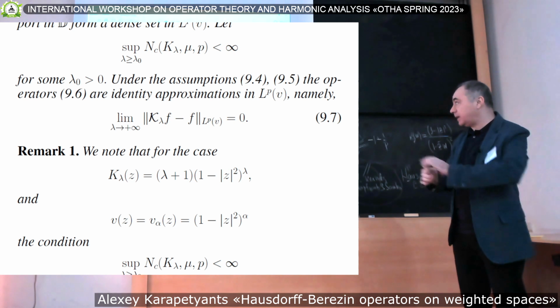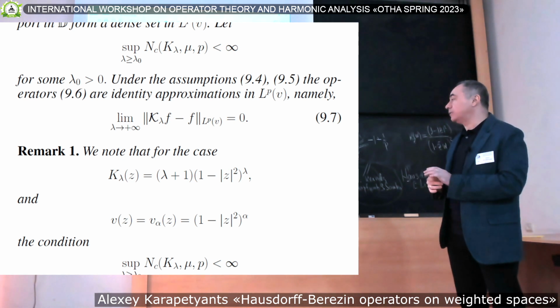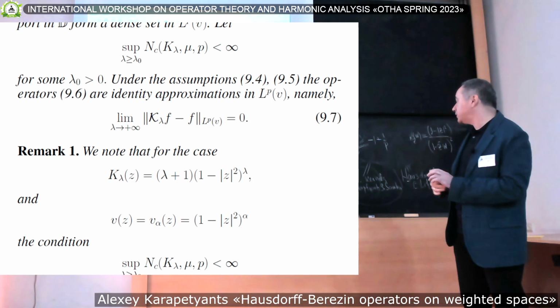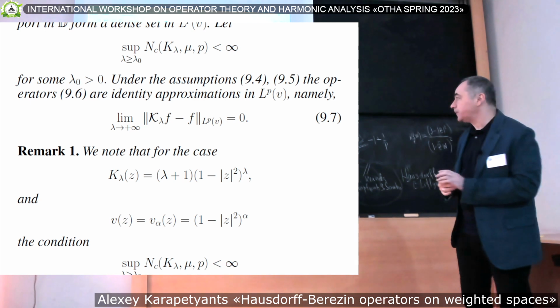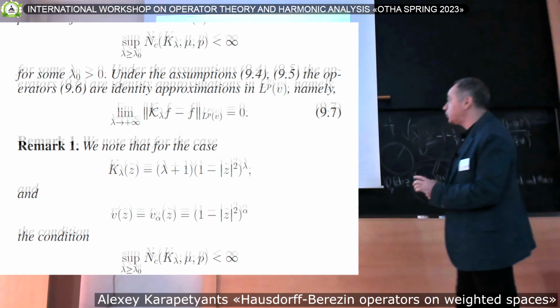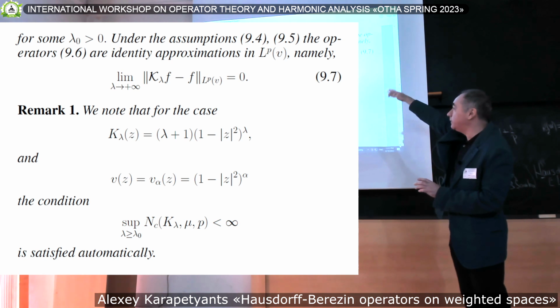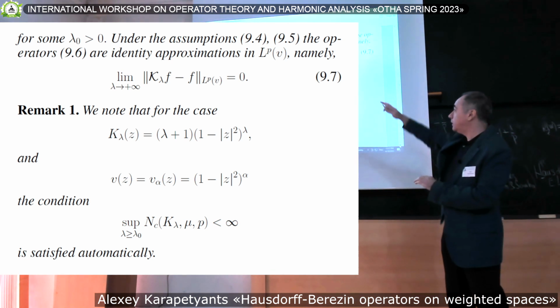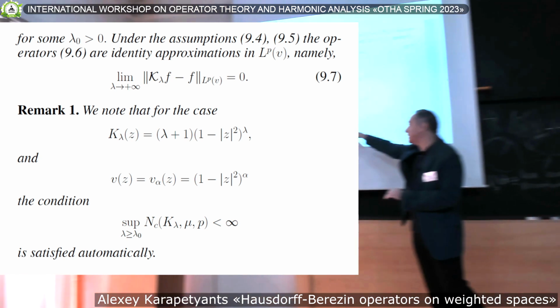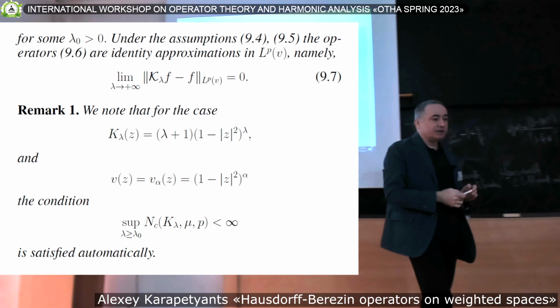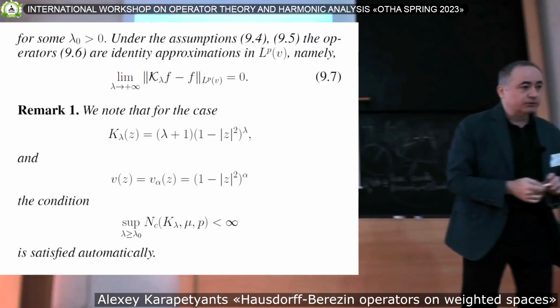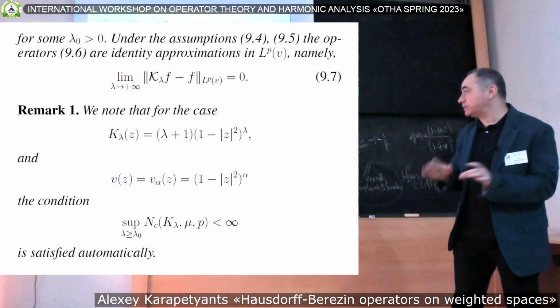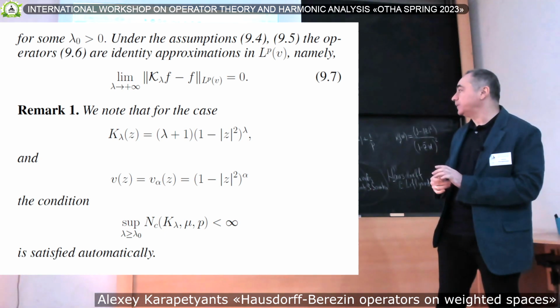And I repeat that this is a different idea of how to construct approximation from this class of operators. And one short note: for this particular case, this condition, you remember I said this extra condition, is automatically satisfied. So for some concrete examples, we don't need to check this condition.